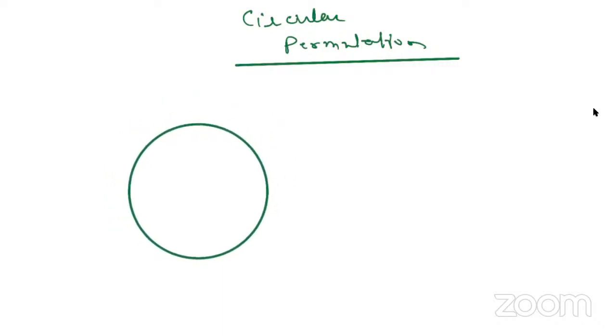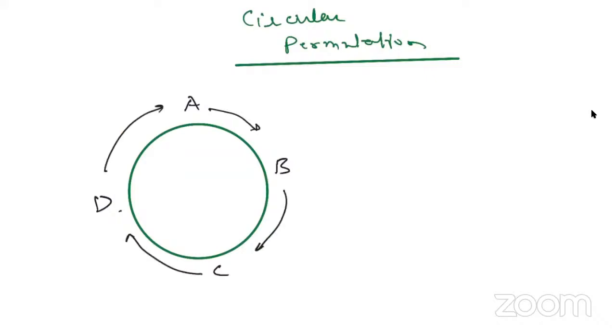This is a circle, and four people are sitting: A, B, C, D. In the circle, four people A, B, C, D have to take seats in such a way, like A, after this B, C, D, and then that's A only.